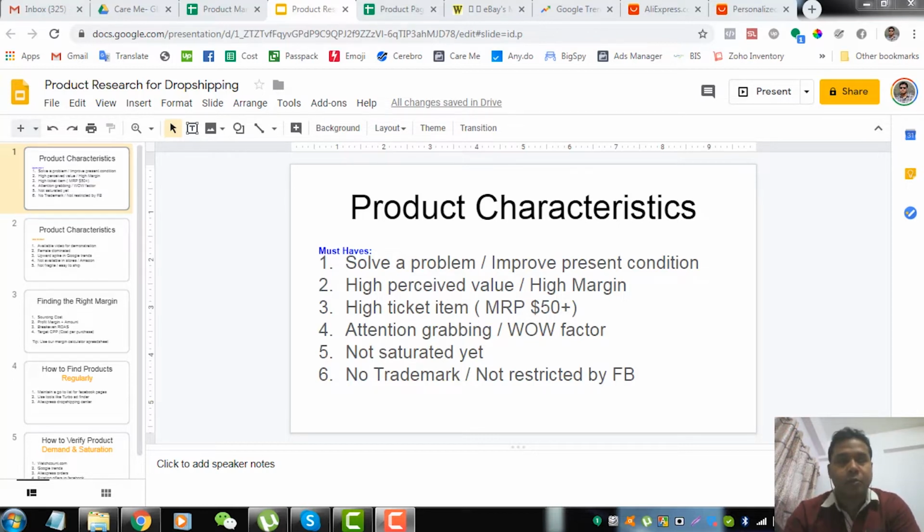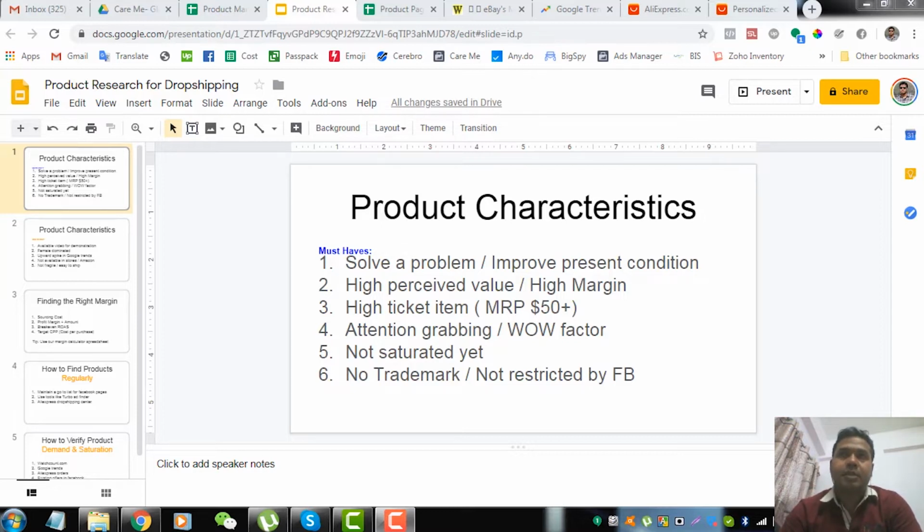When you look at a product, always think what's the problem behind it. So don't judge the product by any amount or the price. Just think about the solution. So that's number 1. Every product we will be selling or adding to our portfolio should give some sort of a solution.